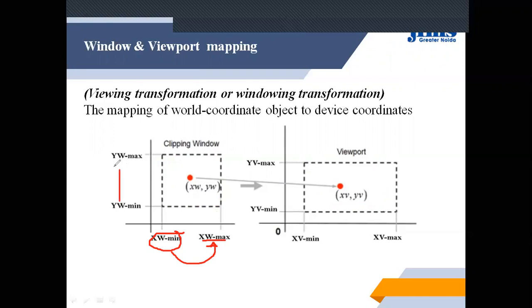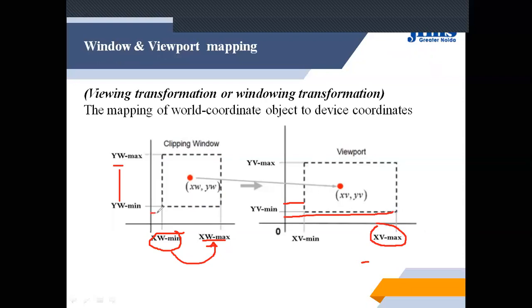This is the size of the window on x and y coordinates. In the same way, the size of the viewport on the x axis is xv max minus this one, means this distance minus this distance.